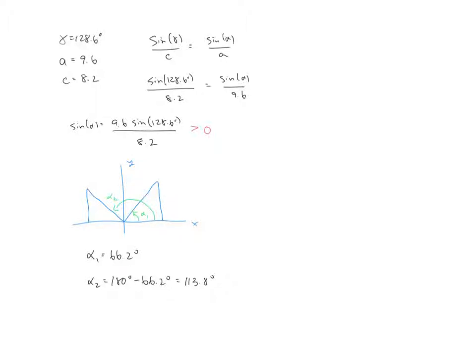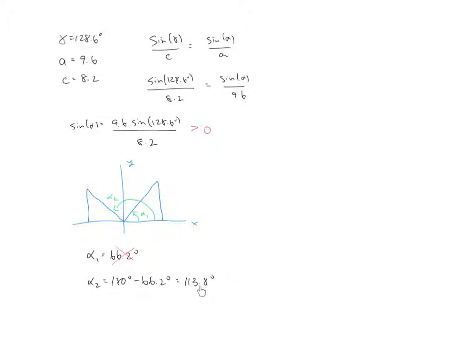So what we'll want to look at now is the individual angle here, alpha 1. If I take this to be my alpha, and I look back to the original, notice how 128.6 plus 66.2 is going to exceed the allowable 180 degrees in a triangle. That means then that this angle will not work.